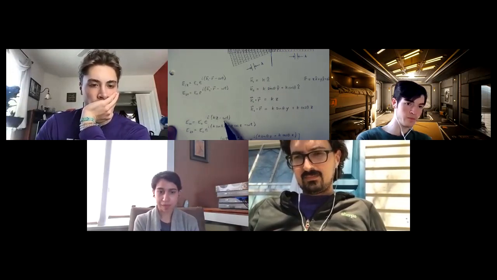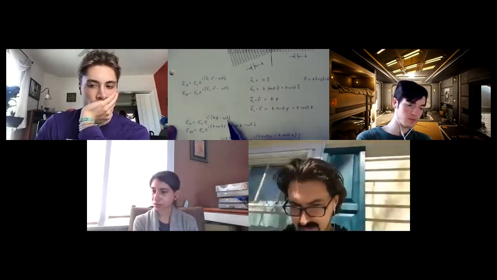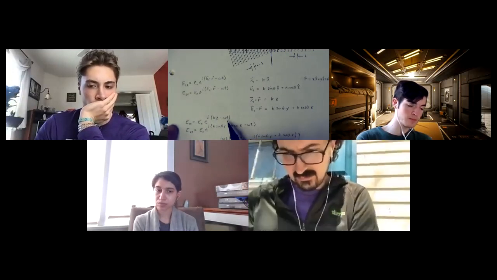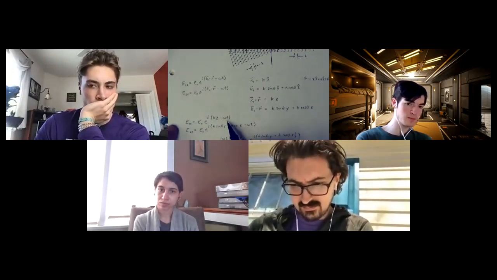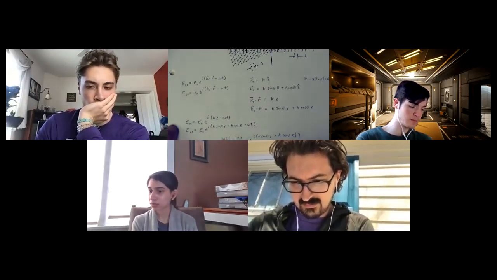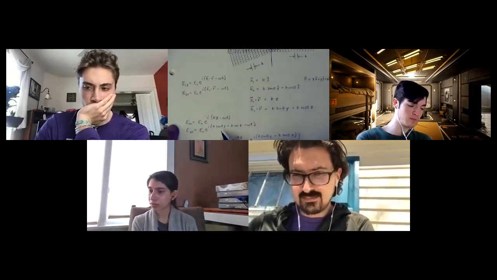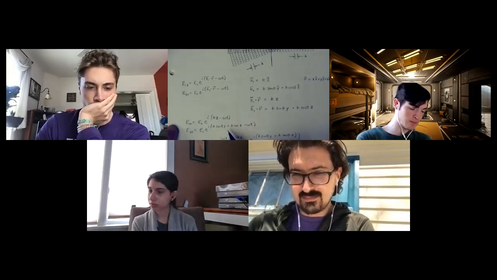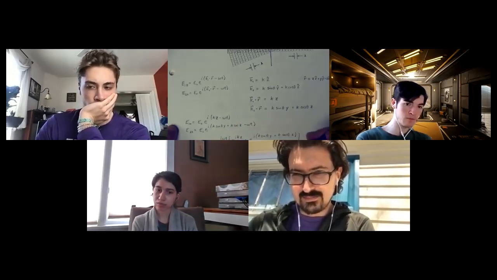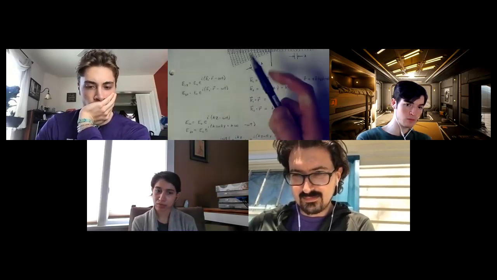So kz minus omega t is the first wave traveling just in the z direction. And then the second one has k sine theta y. I should put parentheses in here. That's sine of theta, all of that times y. Cosine, oh, I'm missing it here. Don't even have the theta there.